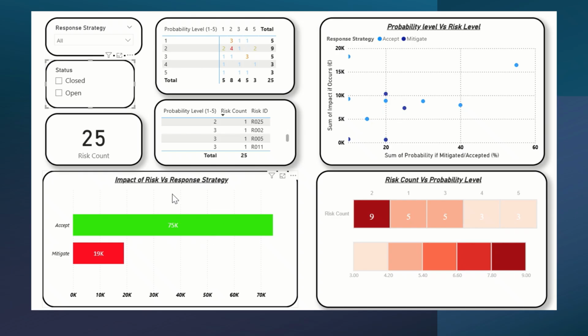Then we can filter it by individual risk ID in the scatter plot, which is showing the relationship between the probability level and the impact of the risk. So you might be wondering: we have the impact if it occurs, how much money it will be affecting us, and we also have the probability if mitigated or accepted as the status, as the strategy.